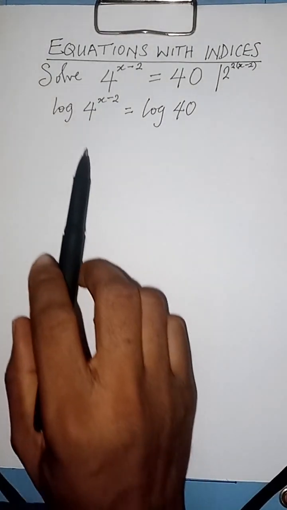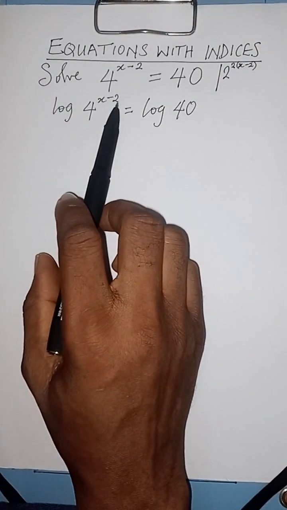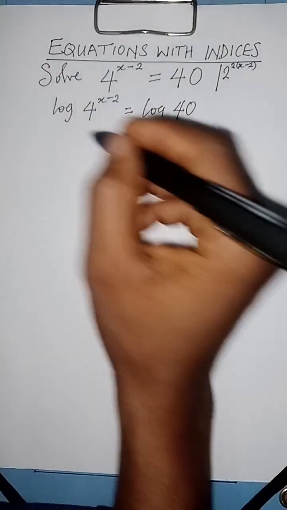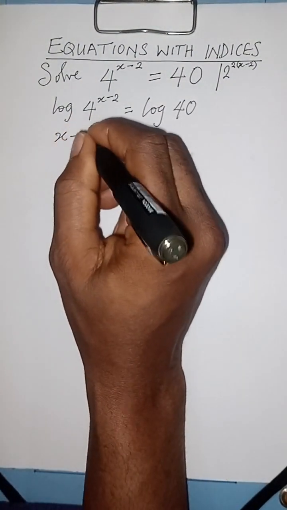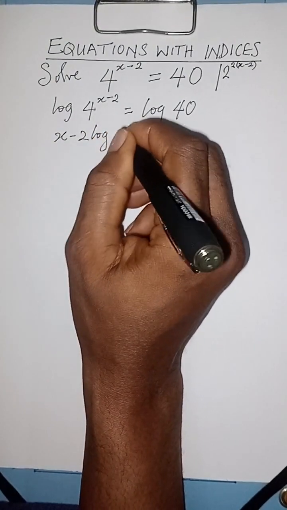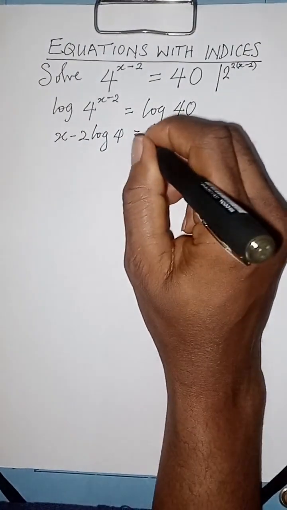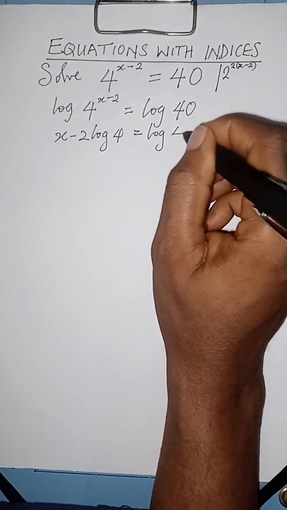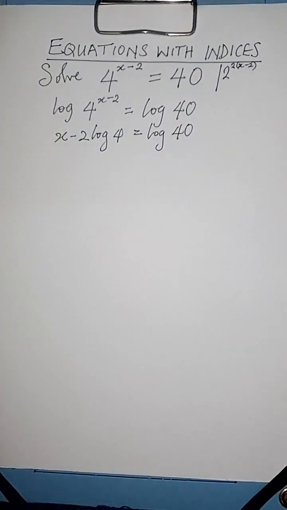Now remember the laws of logarithm. It's possible for you to take the power to the side, and so it becomes x minus 2 log 4 equal to log 40. With this, you have passed one of the hurdles in the solution to this problem.